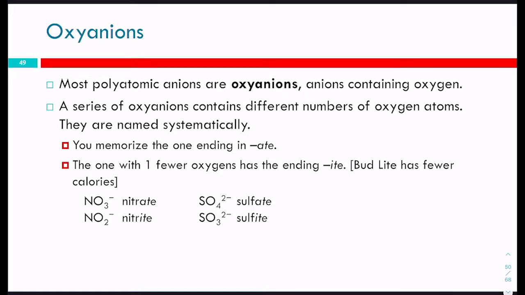There's like 28 of them total, and then a couple rules for changing the number of oxygens. The reason for that is because they have systematic names. So you memorize the ones ending in ATE. Those are what I call the base form.